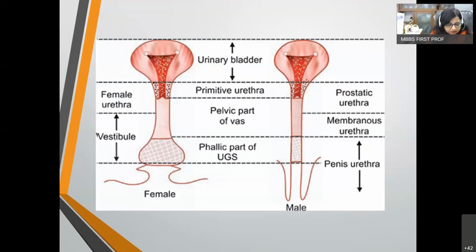Okay, and it is this secretory component that is responsible for the secretions in the prostate, whereas the inner glandular zone is the one that is, this trigone is mesodermal.